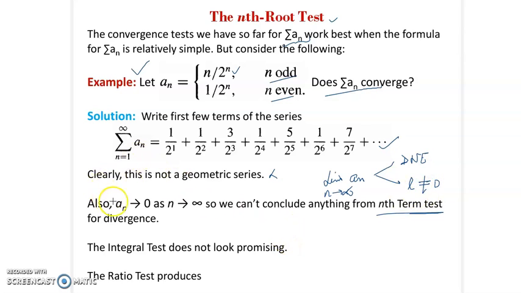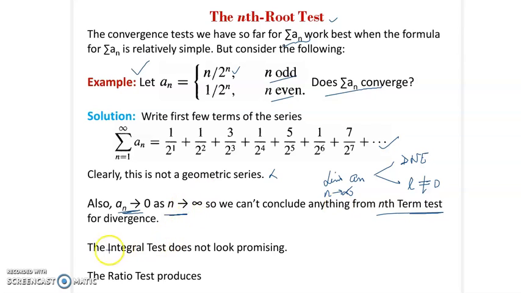Now you take the limit as n tends to infinity. Now this will tend to 0. As n tends to infinity, an tends to 0. So we cannot conclude anything from the nth term test for divergence also, right?